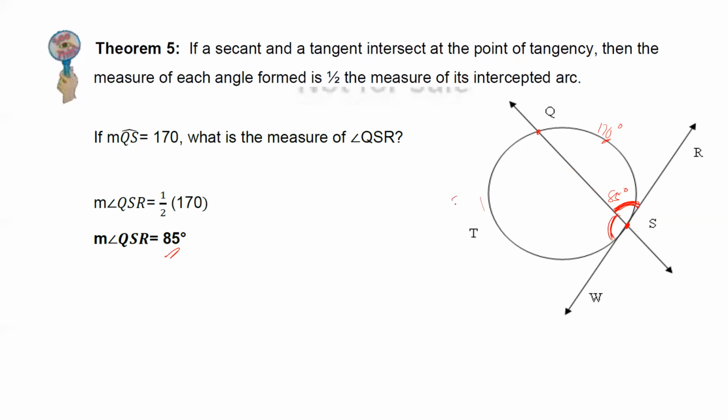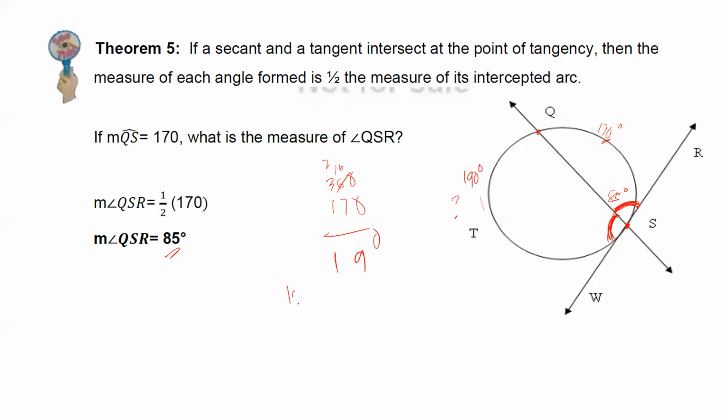What is the measure of this arc? Now, if this is 170, the total measure of the circle is 360 minus 170, which is 190. So this arc is 190. What is the measure of this angle?